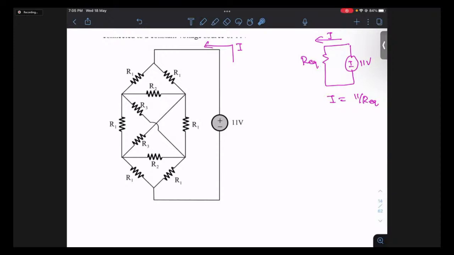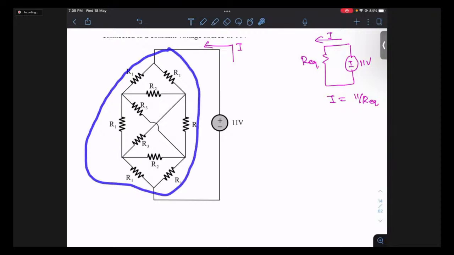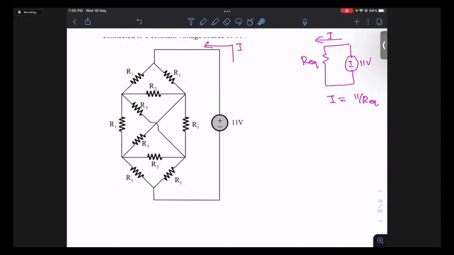See, the challenge is to get the R equivalent of this complicated structure. Now, if you see, this amount of current I is approaching this node. And here, do we agree the circuit is looking symmetrical? Why?